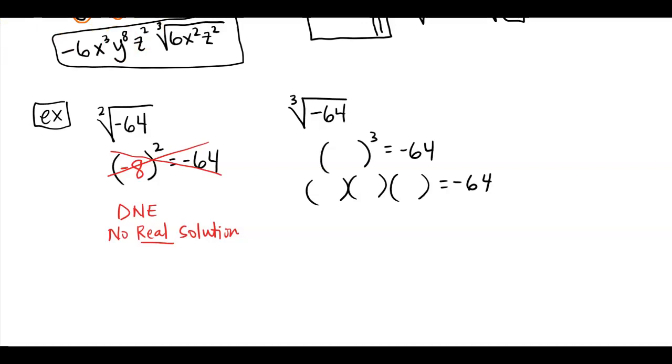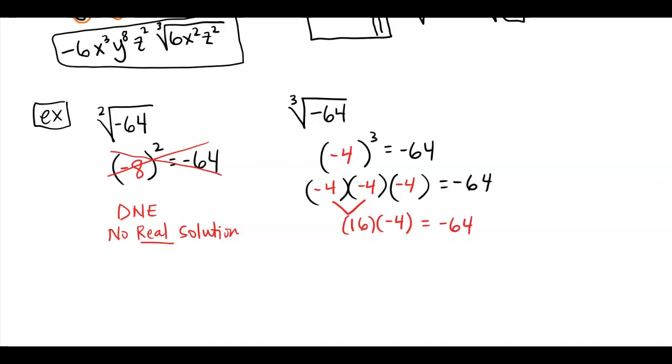This one isn't a DNE, and a lot of times people will put that because they get a little bit confused why, when you have a square root, there's no real solution, but here there is. But think about it. If I put negative 4 in here, negative 4 times negative 4 times negative 4: well, negative 4 times negative 4 is positive 16, and then if I times that by another negative 4, that does give me negative 64.